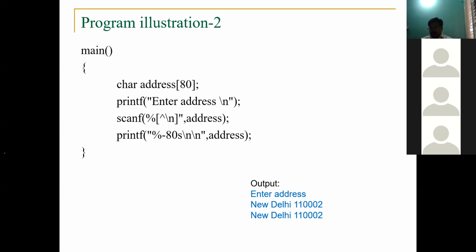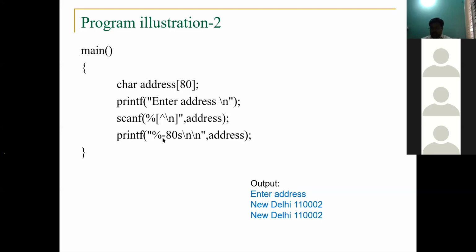So apart from the enter key, whatever key that you press will be accepted by this scanf statement. Here you can see that I've given input as New Delhi 1100002. It has accepted the entire address, and then in printf, I'm printing the address.